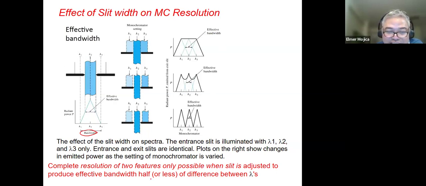So entrance and exit waves are identical. Plots on the right show changes in emitted power as the monochromator is varied. Complete resolution of 2 features is only possible when the slit is adjusted to produce an effective bandwidth half or less of the difference between the 2 wavelengths.